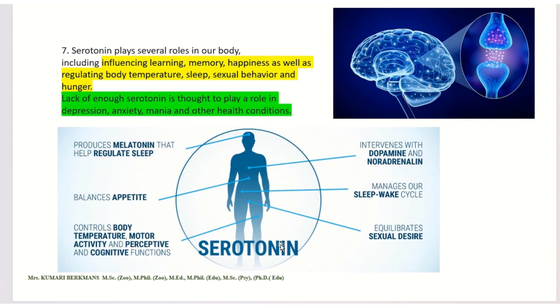So what is the function of the serotonin here? It intervenes with dopamine as well as noradrenaline. The next function is that it manages our sleep-wake cycle. And the last one is that serotonin enhances and equilibrates the sexual desire.